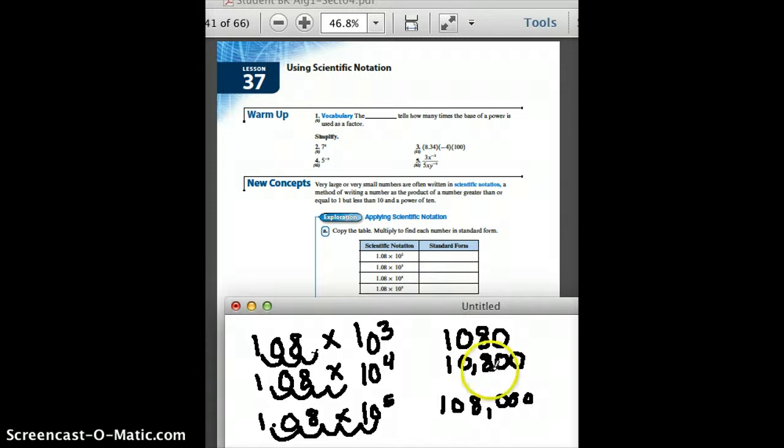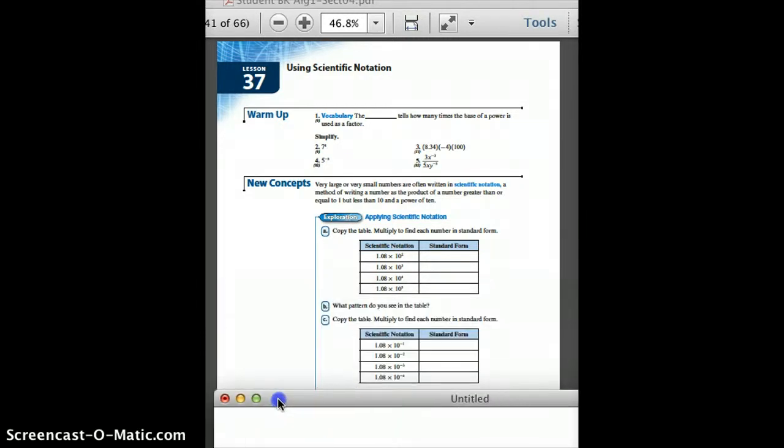Each time we're adding a 0. Okay, each time we're just moving it 1 space over to the right. It's eventually becoming a very big number there. All right, it's good. Okay. So what pattern do you see? Hopefully you're starting to see that we're moving it 1 more space to the right.